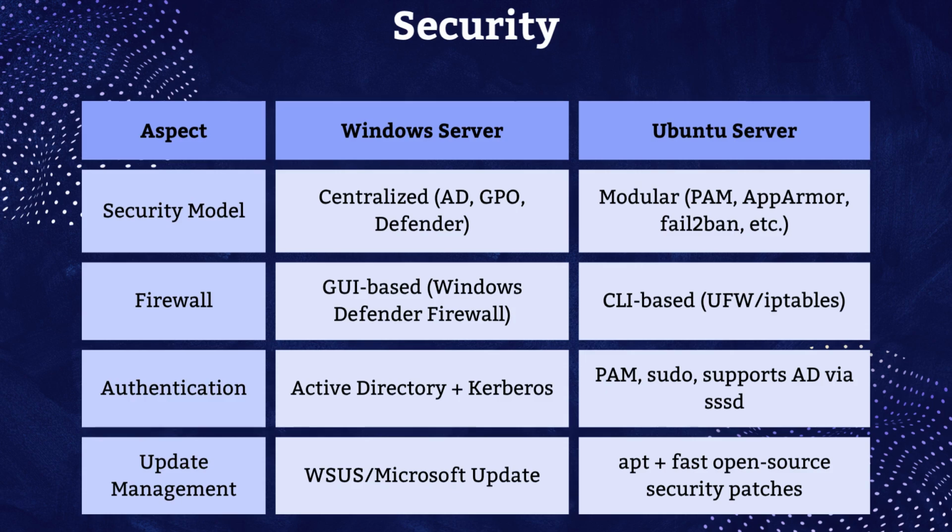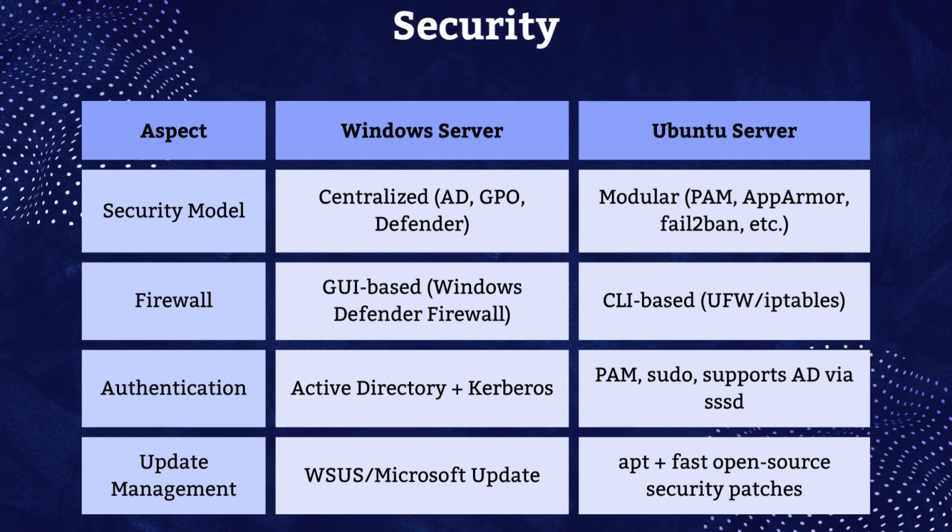For firewall management, Windows comes with a GUI-based Defender firewall, while Ubuntu uses UFW, which is uncomplicated firewall, a command line tool that's easy to automate and script for admins who prefer the terminal. In terms of authentication, Windows uses Active Directory with Kerberos, enabling secure single sign-on across a network.